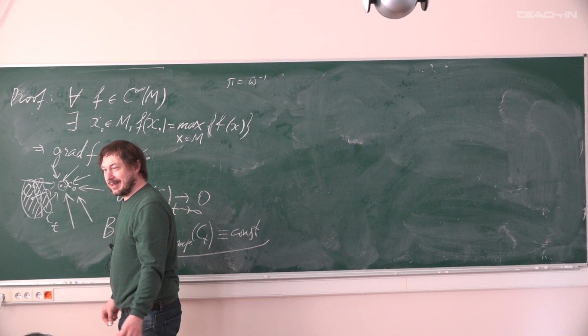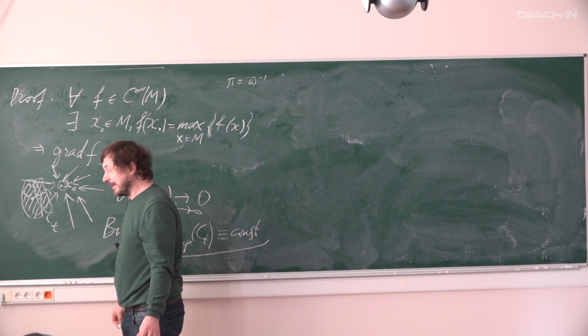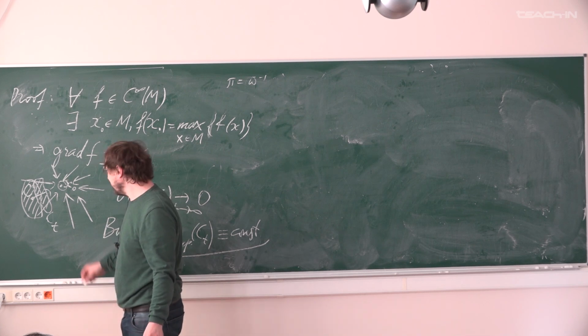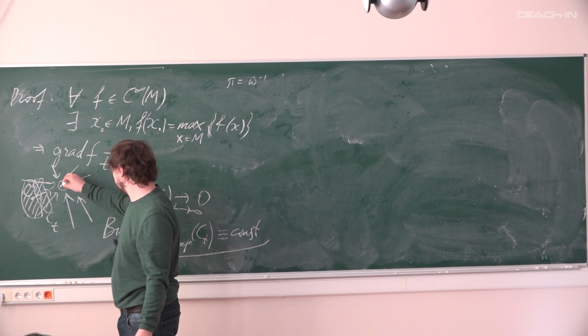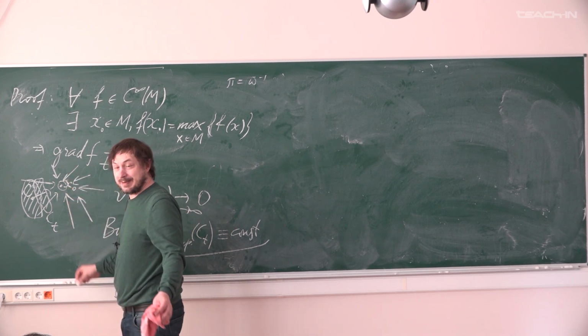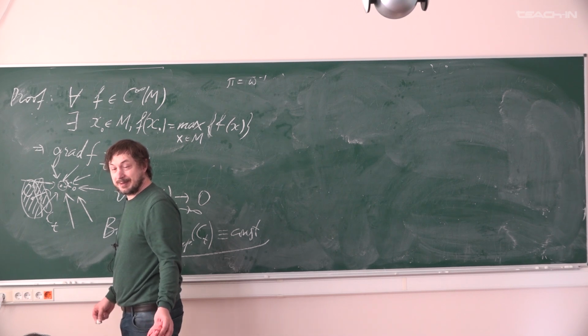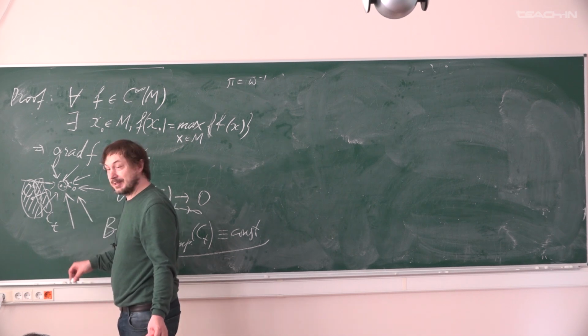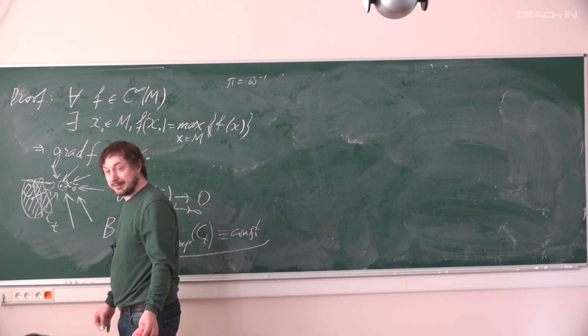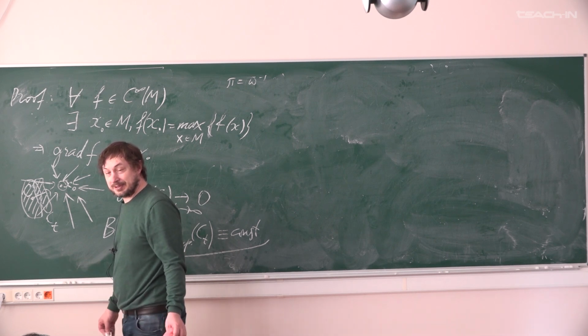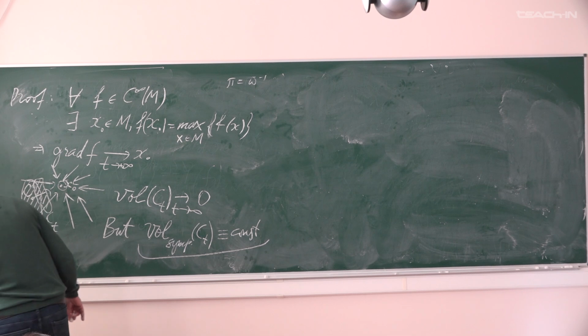I mean, you can end up in any epsilon neighborhood of this point. Then you can estimate the volume of your Ct by the volume of this epsilon neighborhood, and it goes to 0, for trivial reasons.